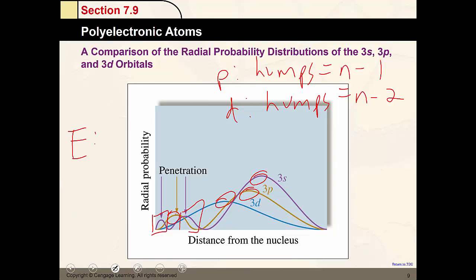So in terms of energy, 3s is less than 3p, which is less than 3d, due to this penetration effect. In general, the more effectively an orbital allows its electrons to penetrate, the more humps you have, the closer the electron gets to the nuclear charge, and the lower the energy of that orbital, because the farther out you get, the higher the energy.